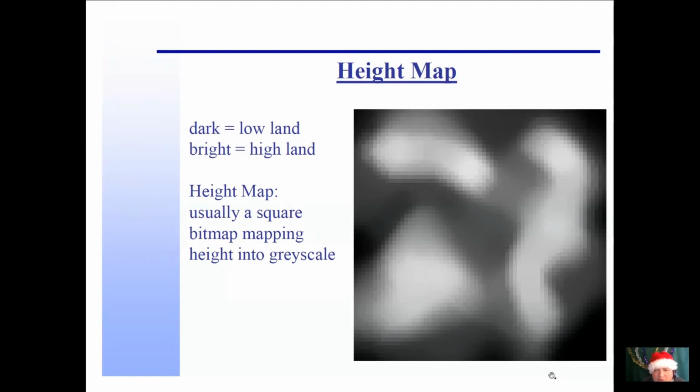It will be demonstrated in a few minutes. As we mentioned, dark is lowland, bright is highland. Height maps are usually a square bitmap mapping heights into grayscale.